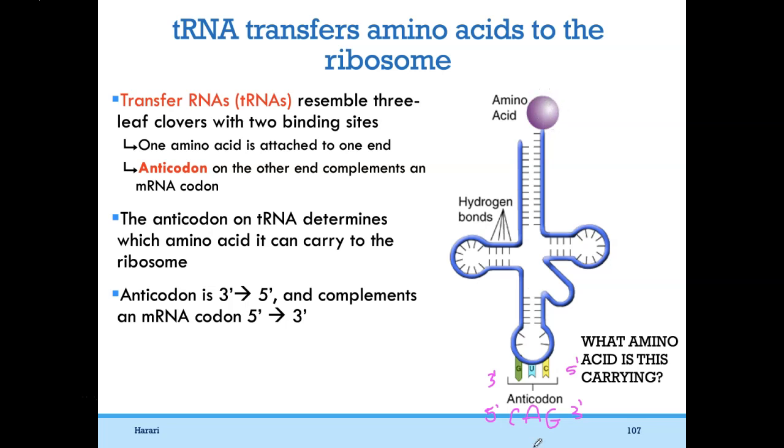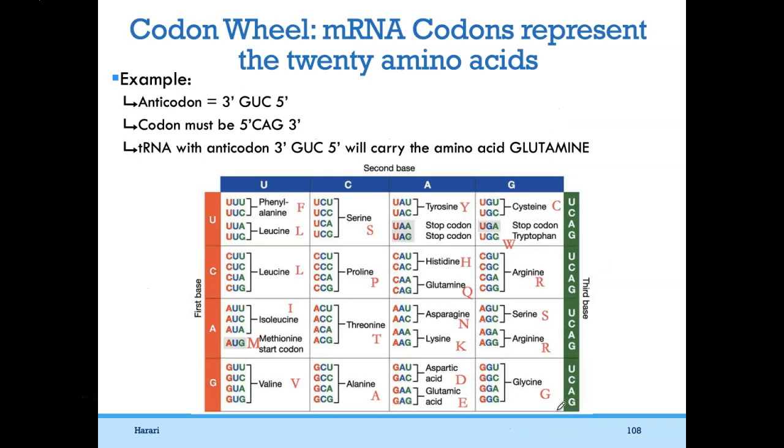So what amino acid corresponds to the codon CAG? Well, we need to look at a codon table, right? Since the anticodon was GUC, the codon must be 5' CAG 3'. So if we look up CAG on a codon table, we have to look up the codon. We can't just look up GUC, because that's the anticodon.